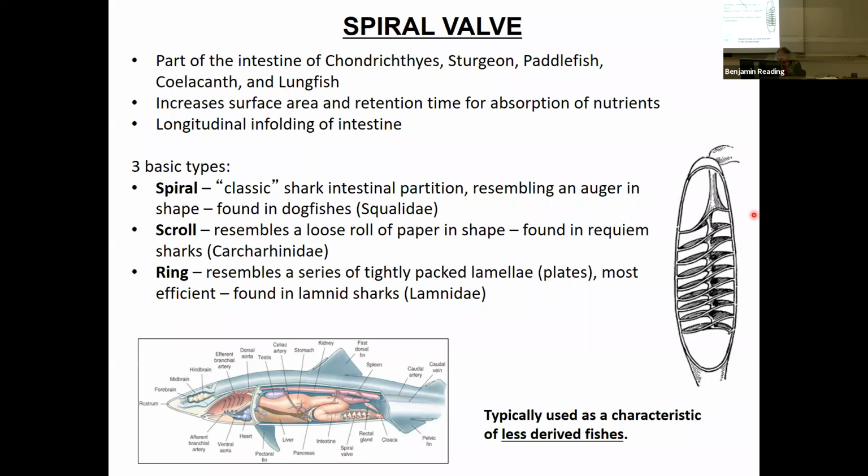What this spiral valve does, and this is sort of what a cross section of it looks like, is it increases the surface area and retention time for absorption of nutrients in the gut. So let's say I'm digesting something and I've got it coming through my gut. One, for instance, is this corkscrew shaped spiral valve. So I've got stuff coming in and it's got to spiral around this way and then this way and then this way and then this way.